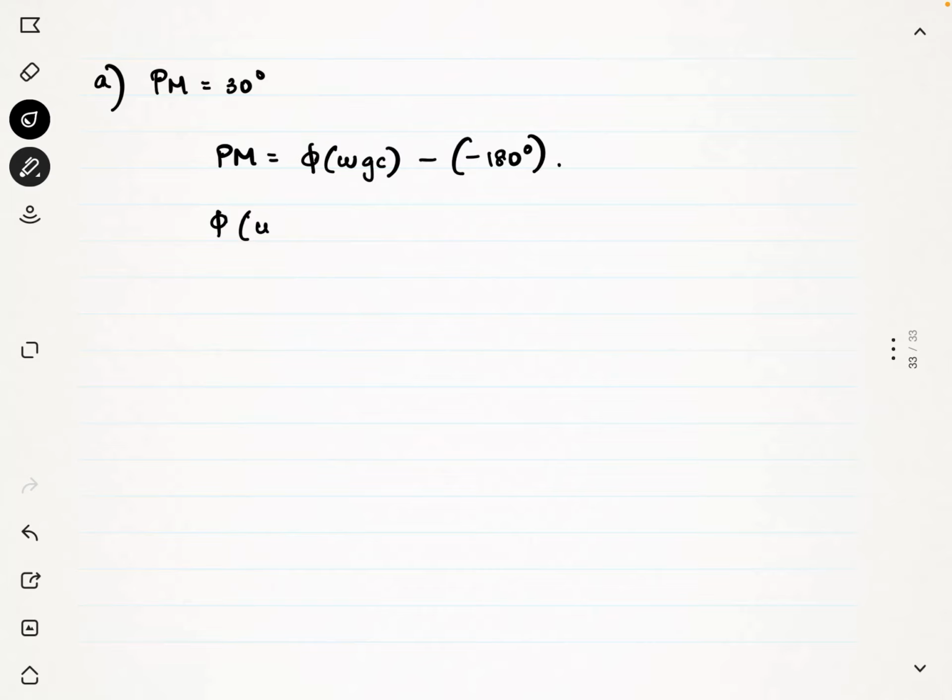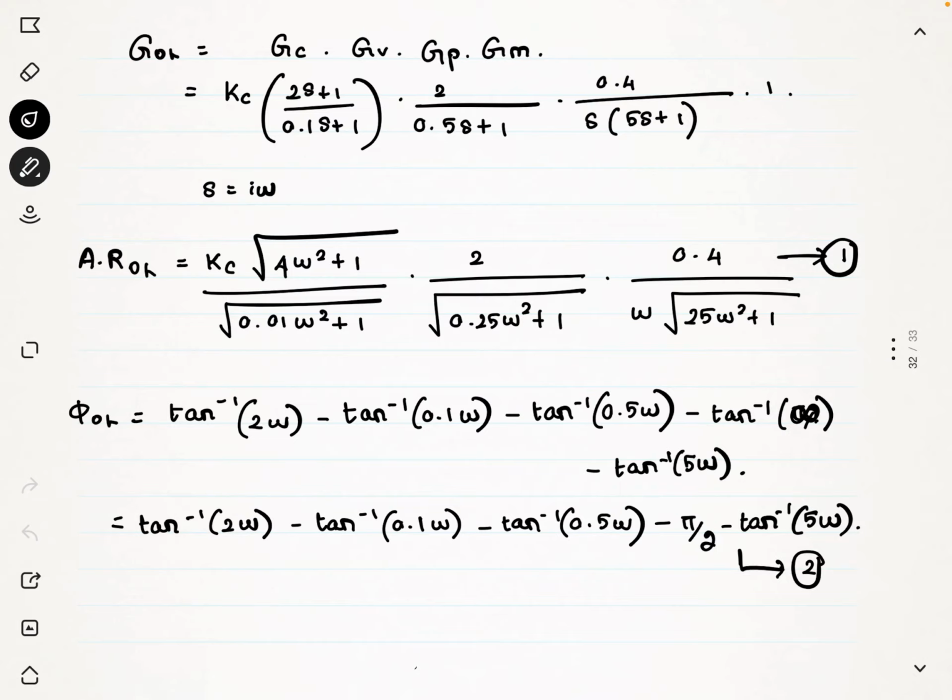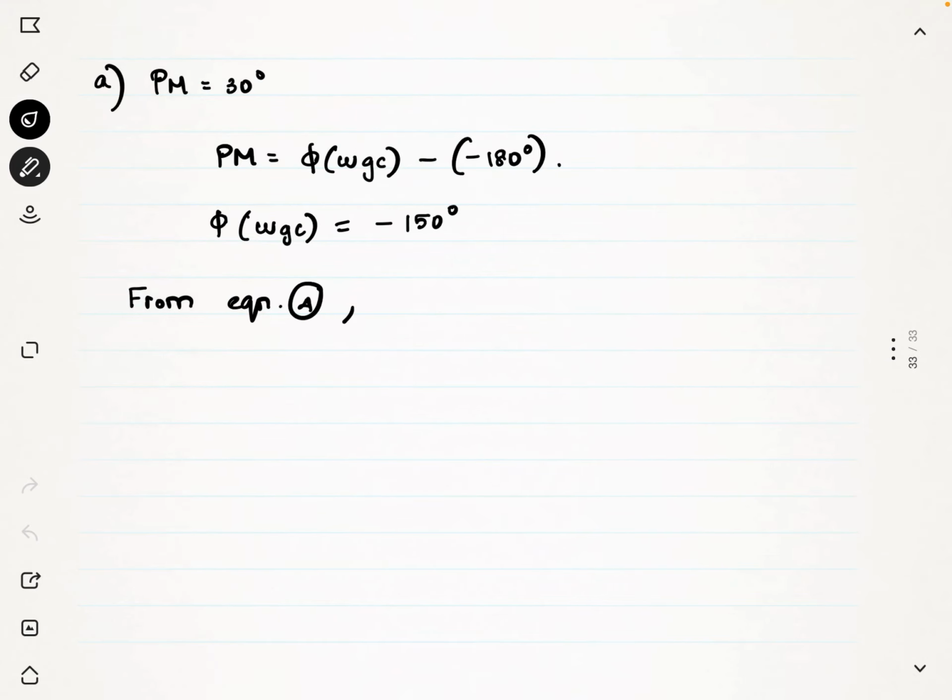So at omega GC it is 30 minus 180, so we'll have minus 150 degrees. And from equation 2, if we substitute minus 150 degrees in radians and solve, because omega is the unknown variable, we get the gain crossover frequency. You can check the values, I've already checked. So you might get 1.72 radians per minute.